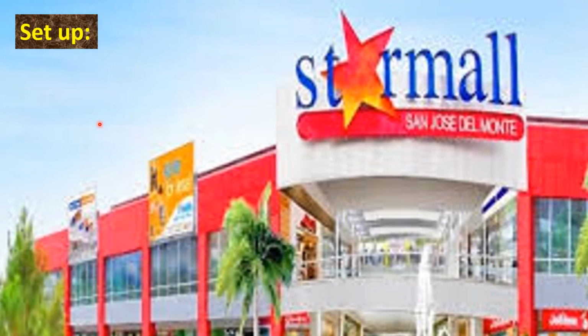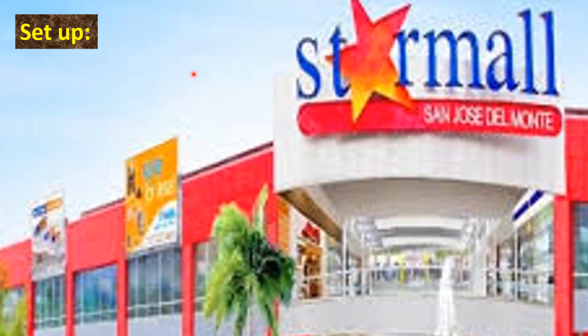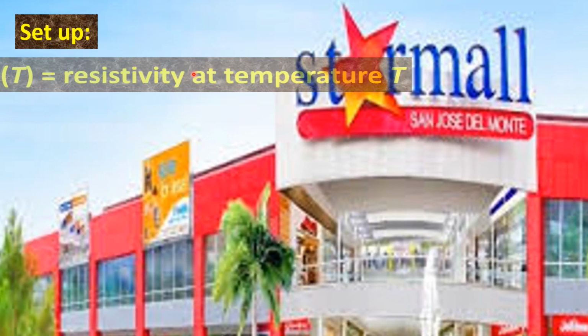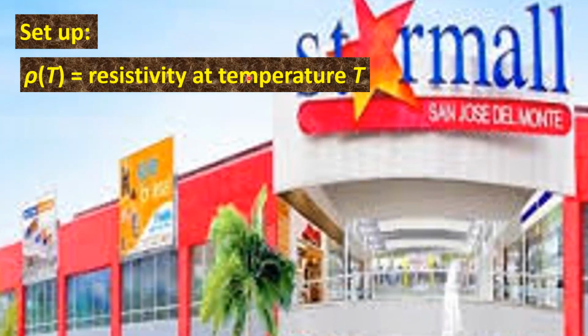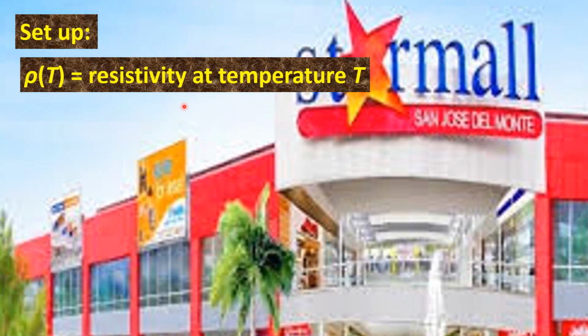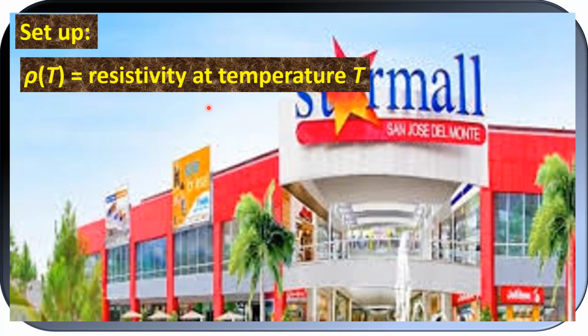All right, so moving on with our solution, we said that the Greek letter rho is the resistivity of the conducting wire, which is platinum in this problem.